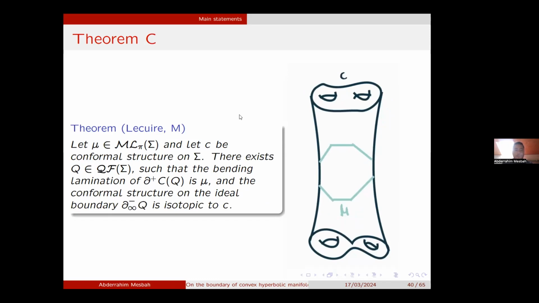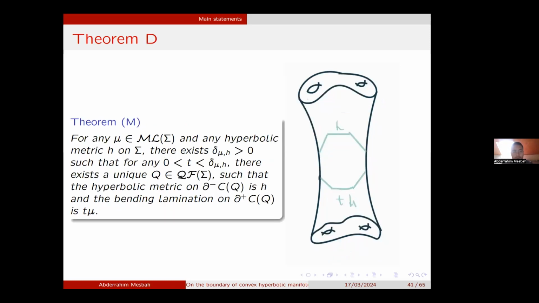If I take mu to be a measured lamination and C to be a conformal structure, I can find a quasi-Fuchsian manifold such that the conformal structure on the upper ideal boundary is C, and the bending lamination on the lower boundary of the convex core is the measured lamination mu.